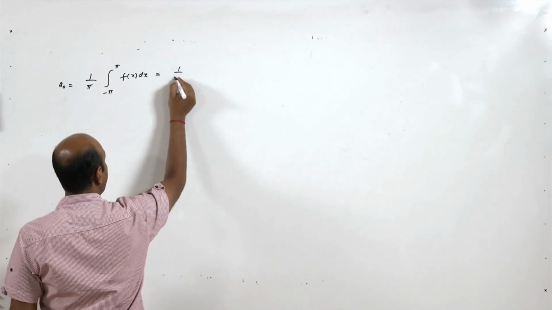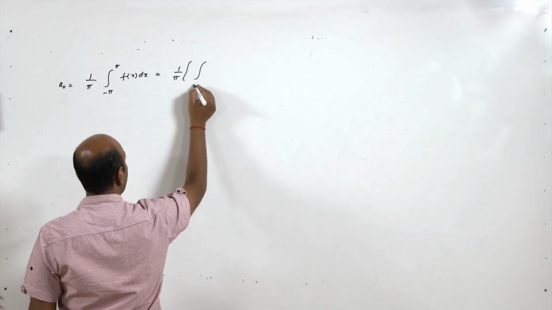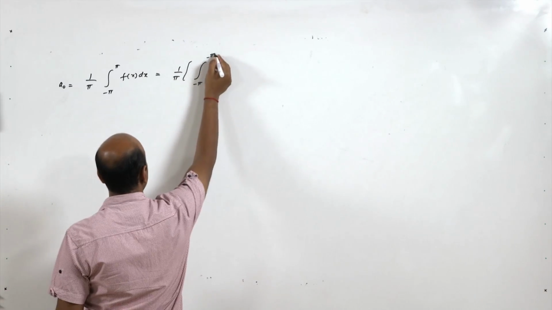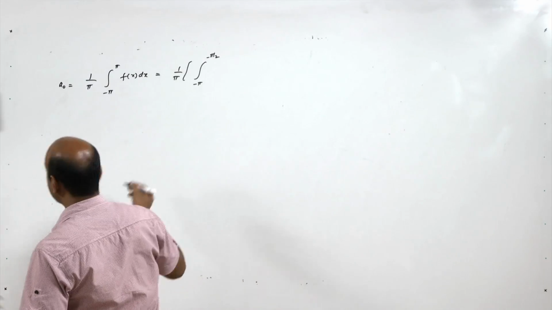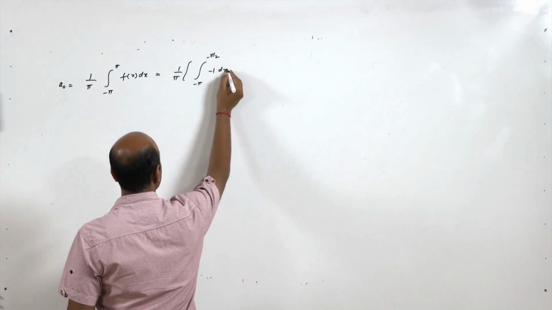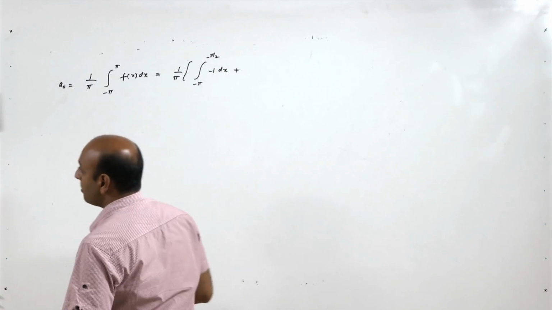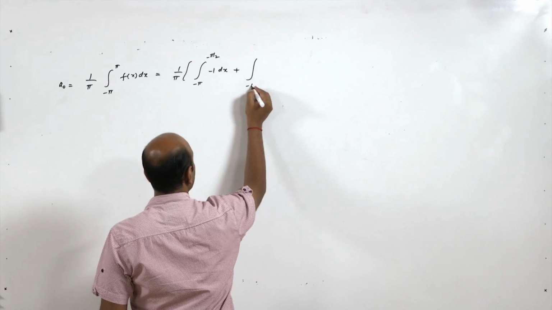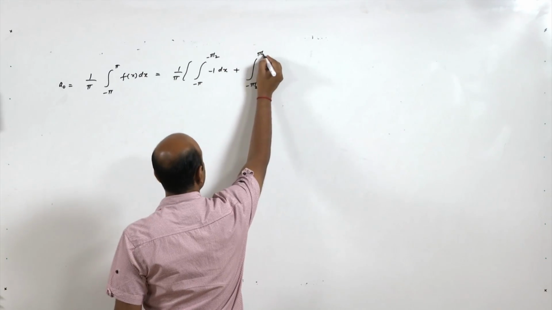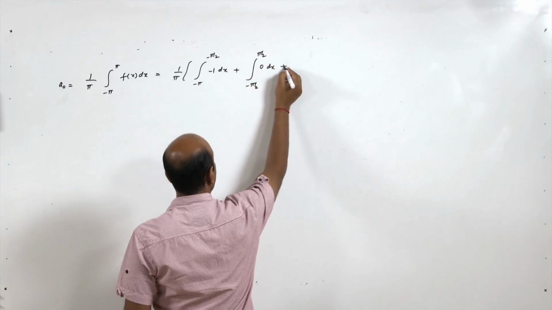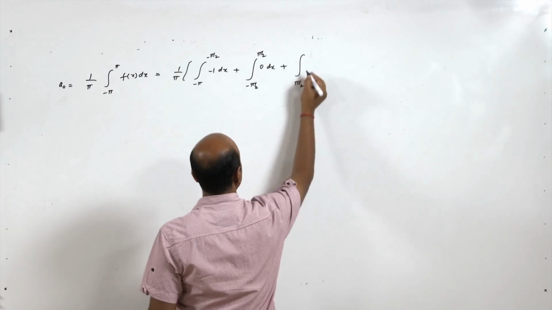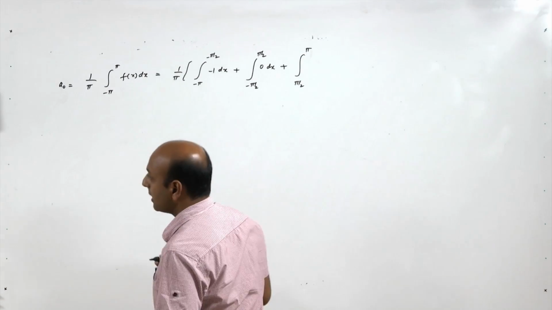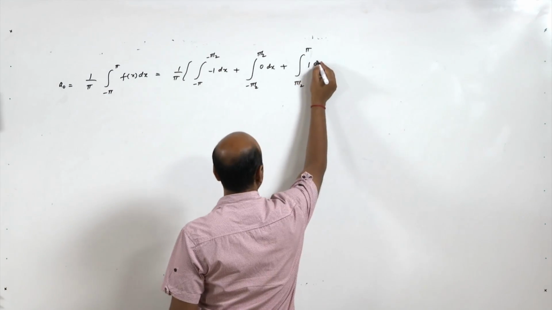So, it is 1 by pi. Now, you can break it from minus pi to minus pi by 2, it is minus 1. From minus pi by 2 to pi by 2, it is 0, and from pi by 2 to pi, it is 1.